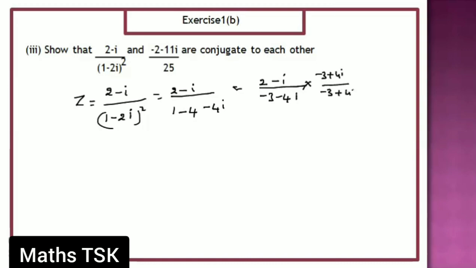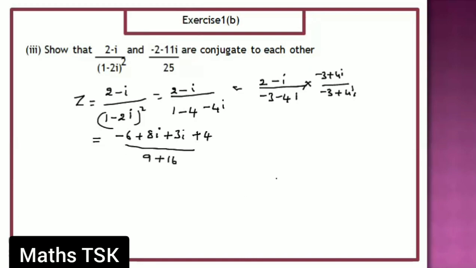Multiply and divide with minus 3 plus 4i. So what is this? When you multiply with this, 2 into minus 3 becomes minus 6, and then 2 into 4 becomes plus 8i, and then minus of minus, plus 3i, and then minus 4i square is plus 4, by 9 plus 16.